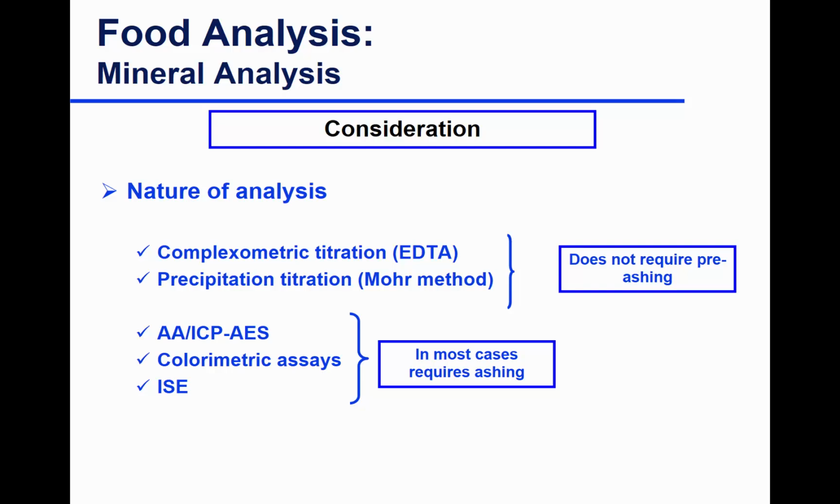So we do not need to incinerate all the organic matter and solubilize the minerals. Whereas when we're doing AA, ICP, we do need to ash. Colorimetric assay, because of interference and measuring absorption, we do need to ash. And in some cases, use of an ion selective electrode, you need to also have a clear solution, and you need to ash.